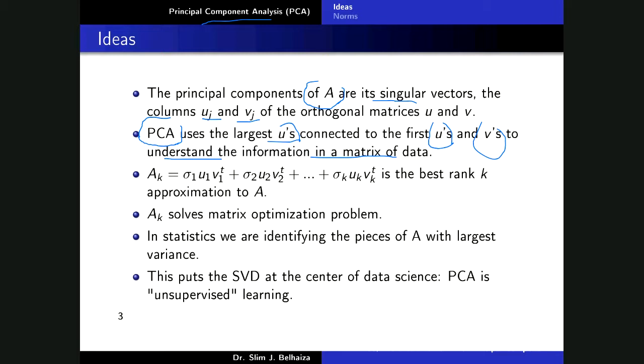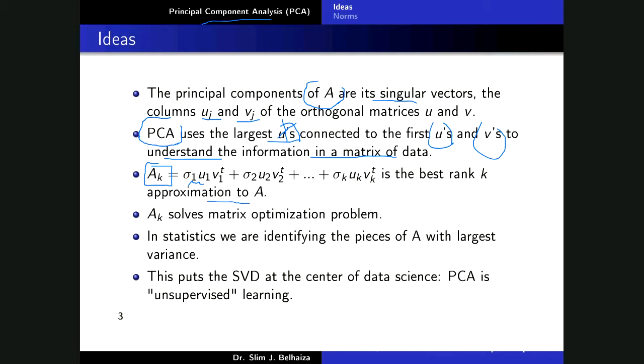In fact, this is a typo, it should be the largest singular values connected to the first U's and V's. And as we said before, and one of you already answered this question, it's acting as a Taylor approximation of a function at a given point. So if you want to approximate a matrix A_k, we use the singular values and singular vectors. Okay? So we said that this is acting as the best rank k approximation.